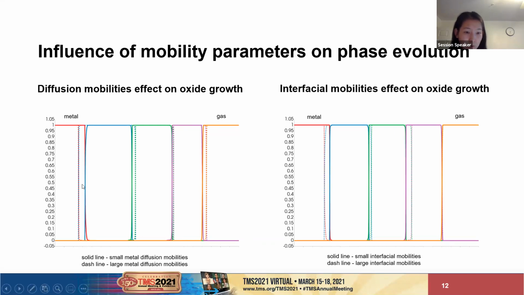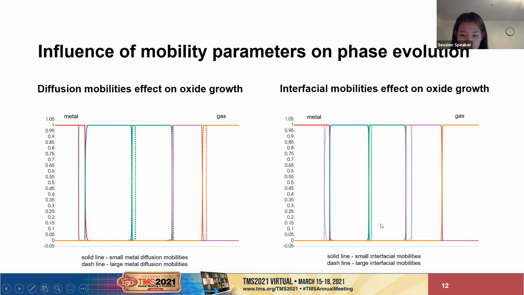We can see that when we use a higher metal diffusion mobility, the three oxide layers grow faster into both the metal phase and the gas phase. And that's what we would expect.